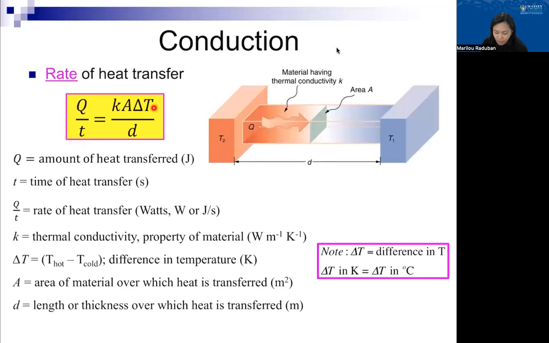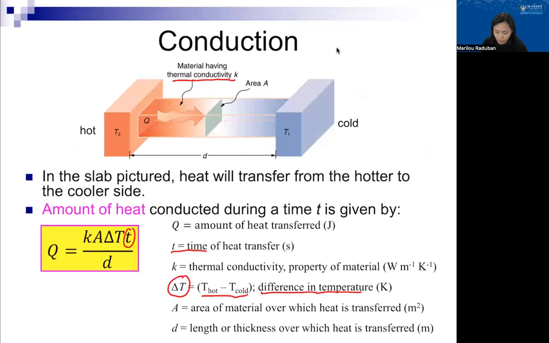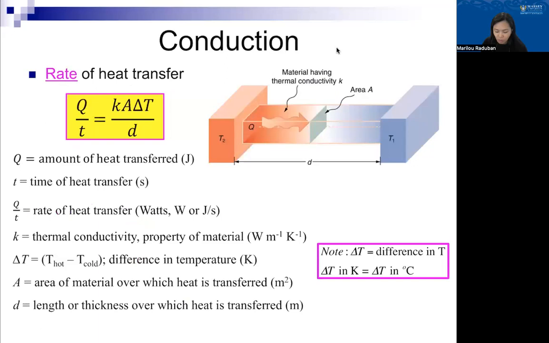It's essentially the same equation, except that the time t now goes to the left-hand side, and you have the amount of heat divided by the time, giving you the rate of heat transfer. And so the rate of heat transfer still depends on the thermal conductivity K, the area, the difference in temperature, delta T, and the thickness or distance D. Right?